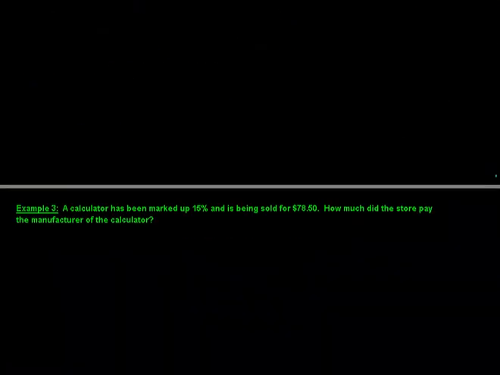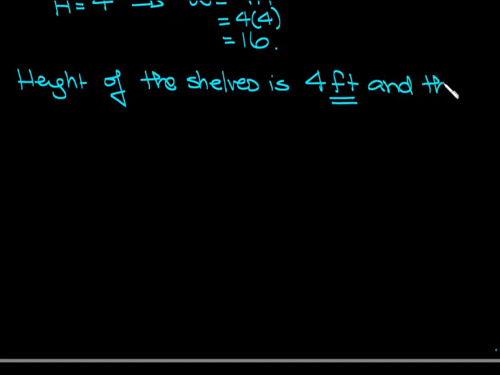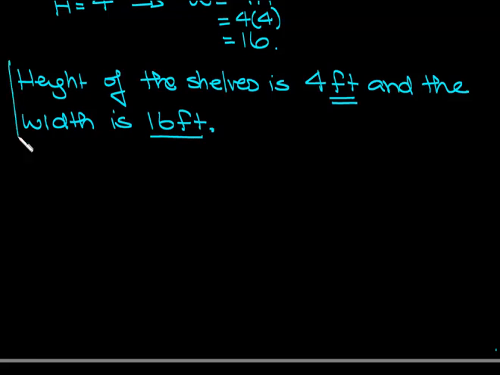Whenever they ask you for dimensions, they're asking for both the length and the width and the height. The height of the shelves is 4 feet. Remember to put the units in. And the width is 16 feet. And that's your answer.